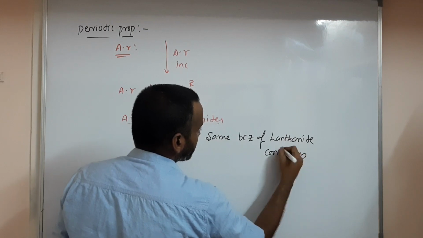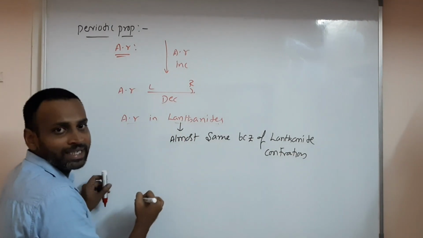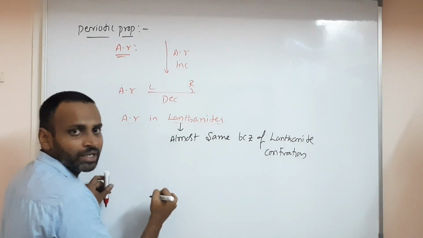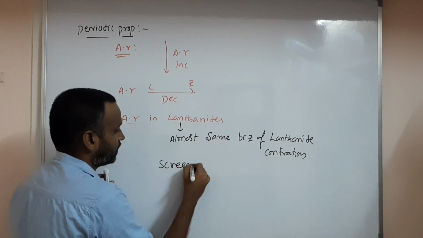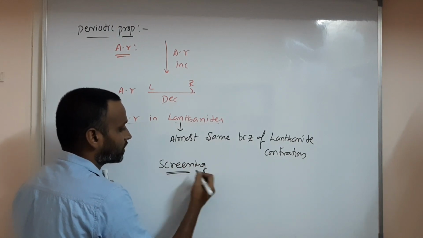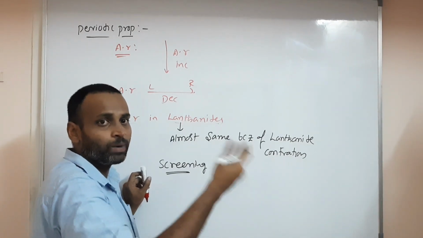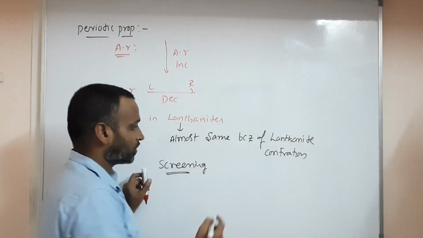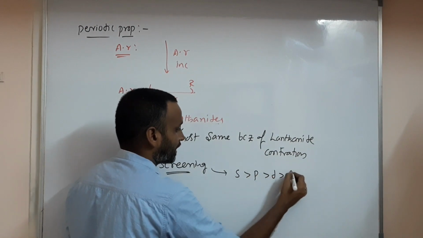Lanthanide contraction is due to the shielding effect or screening effect. What is the screening effect? Screening is the protection of the outermost electron by the inner shells. So what is the order of shielding? S greater than P greater than D greater than F.